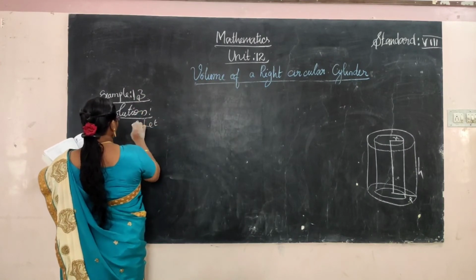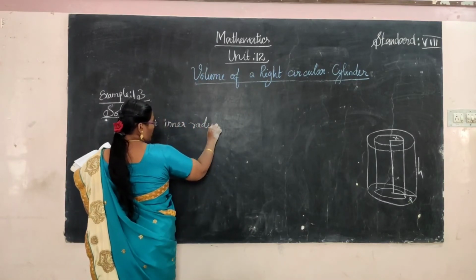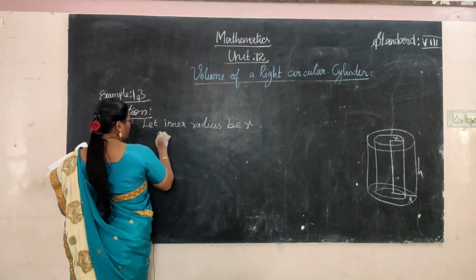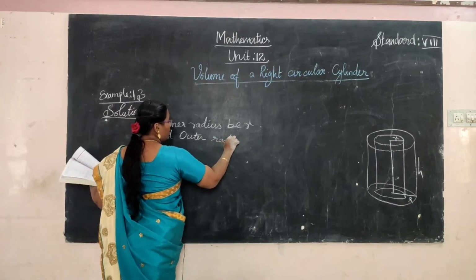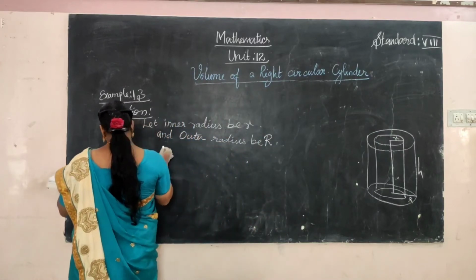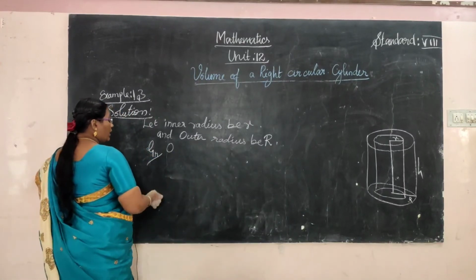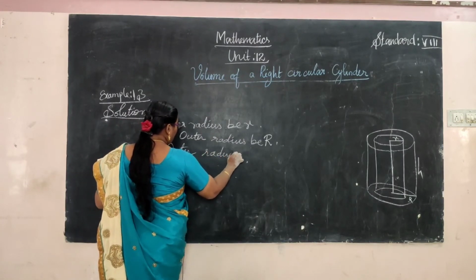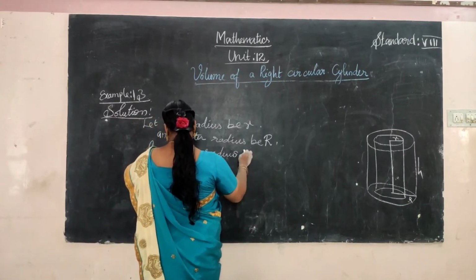Let the inner radius be smaller, and the outer radius be capital R. Then the given outer radius or external radius, the value is 9 centimeter.